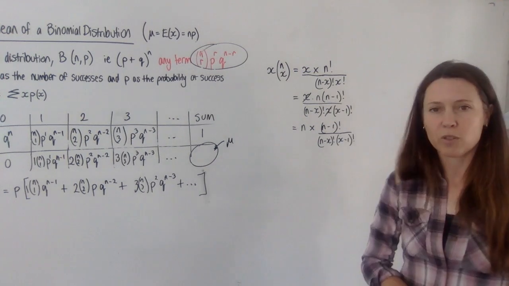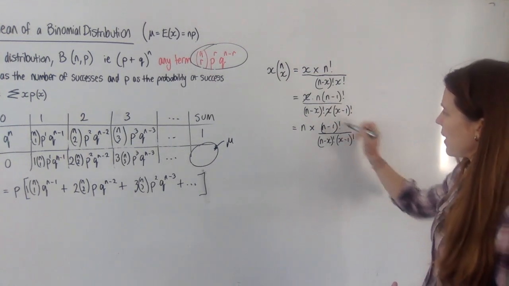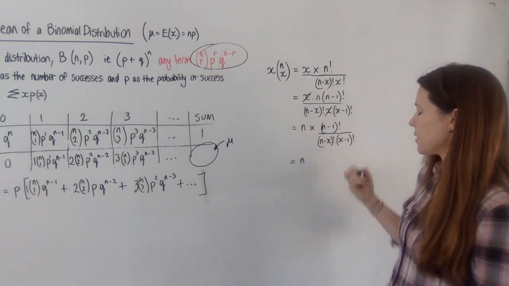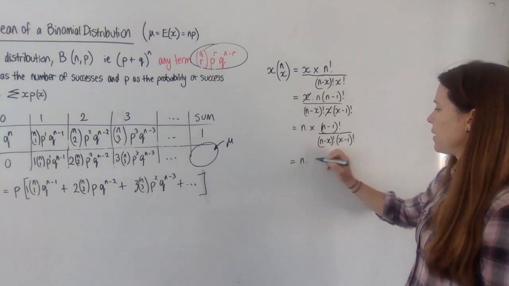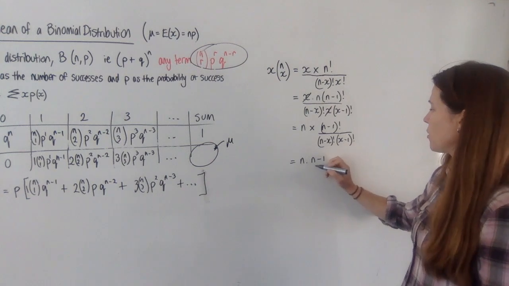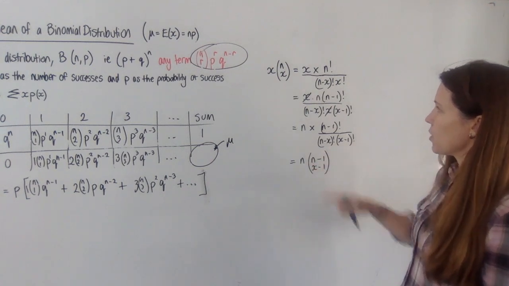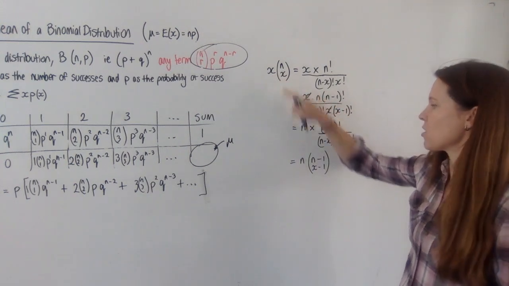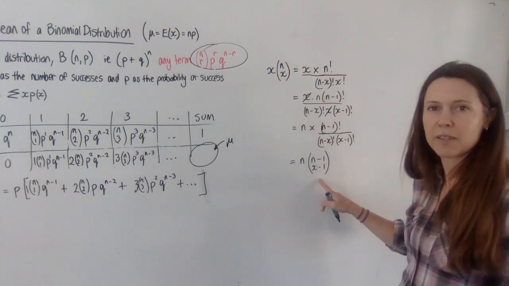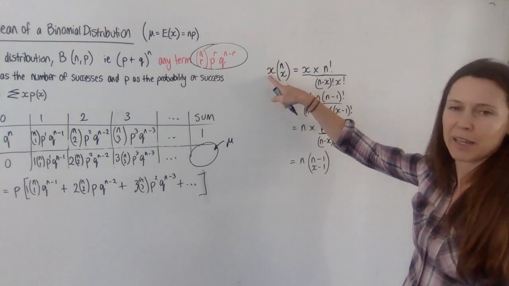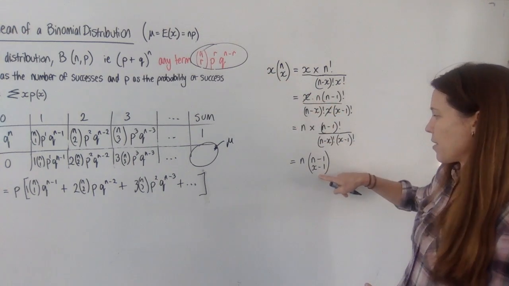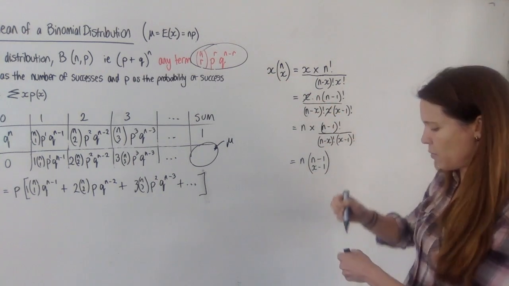Now, that might not look super familiar to you, but what that actually is, is n multiplied by n minus 1 choose x minus 1. So we get this. So we've changed one fairly simple looking term into another reasonably simple looking term that has a completely different number out the front.